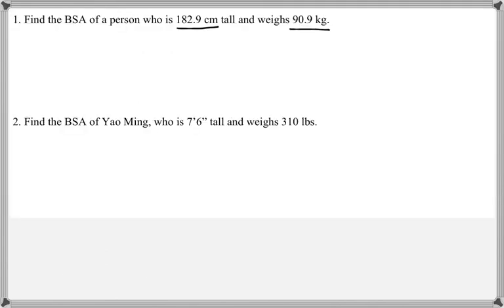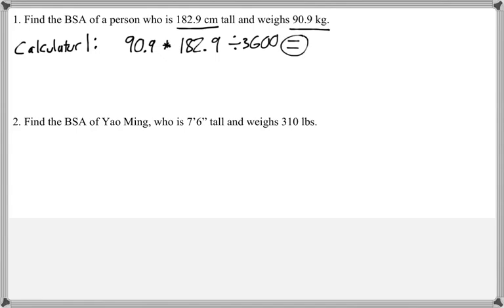Now, there's many different calculators out there. I would say for half of your calculators, you're going to have to type it in like this. 90.9 times 182.9 divided by 3600. Then press the equals button, and then press the square root button.